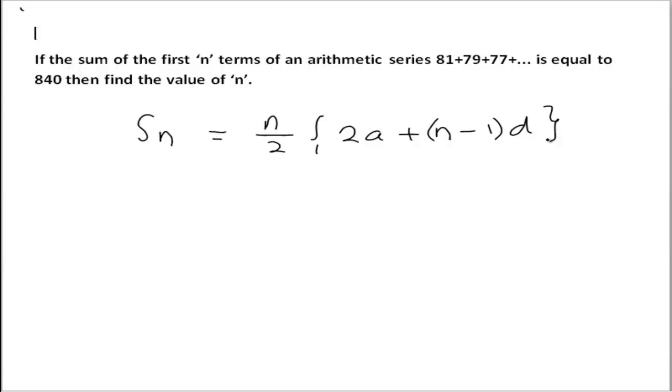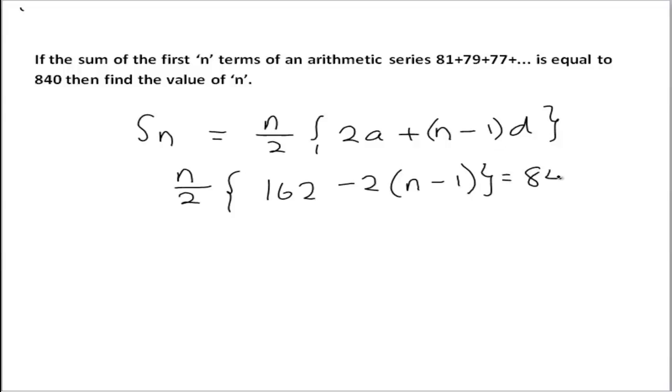Therefore n/2 into 2a is 162, and you'll notice d is 79 minus 2, so that's minus 2, into (n - 1), and that is equal to 840.